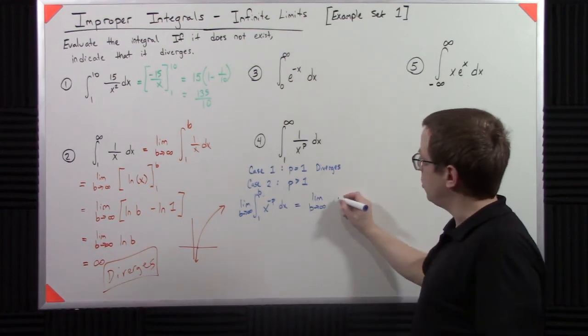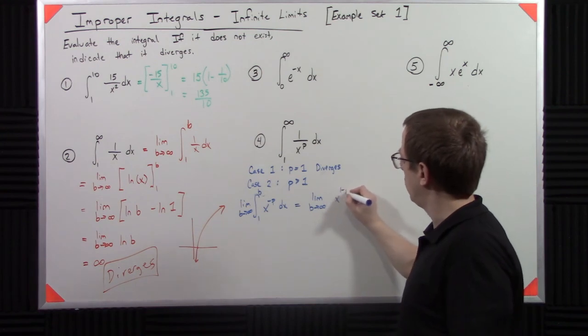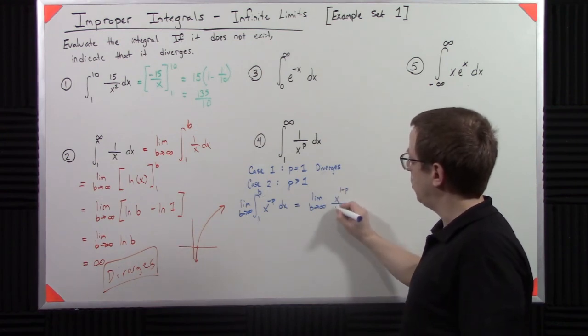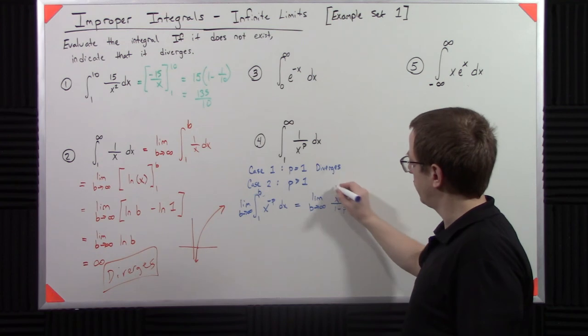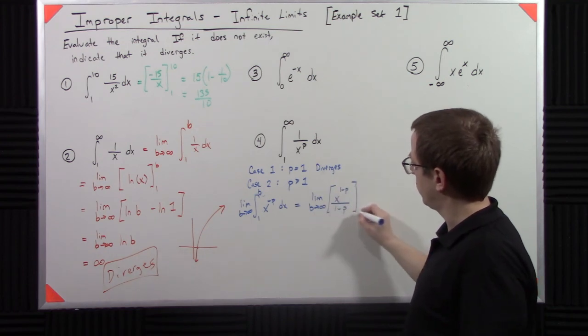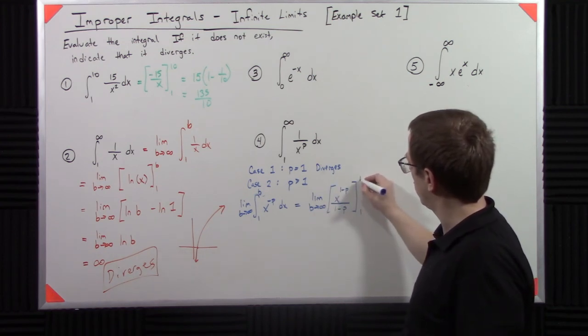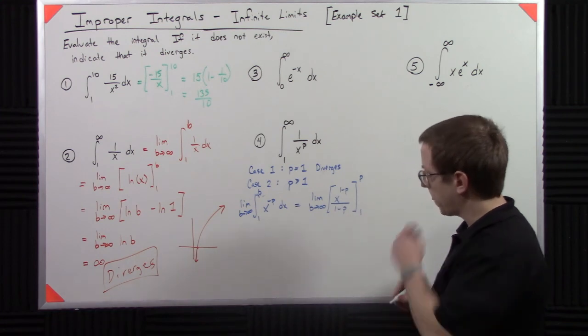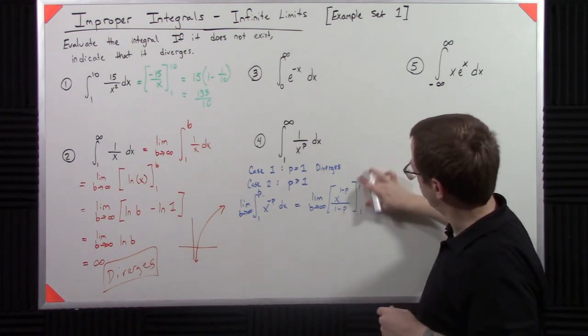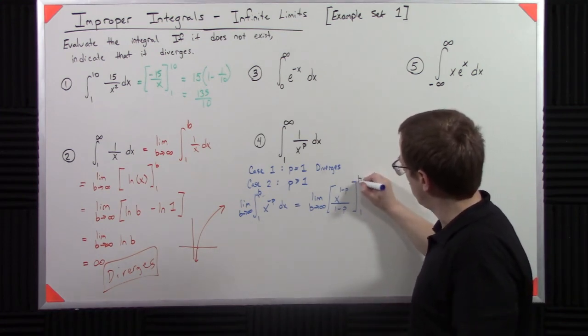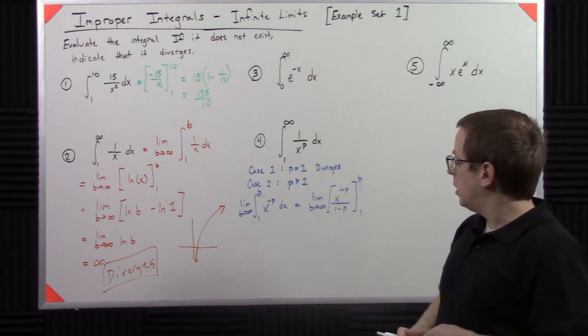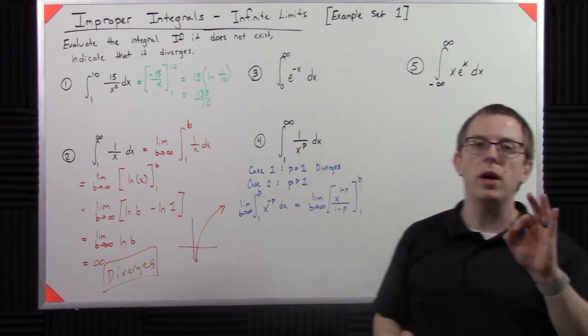So then what we do is we add 1 to the power, and then we divide by that power. Now, here's the real kicker.